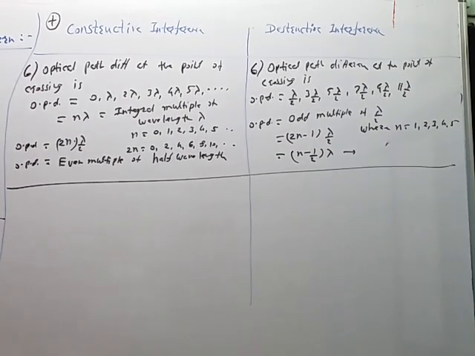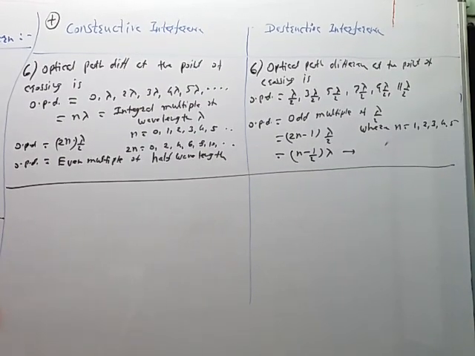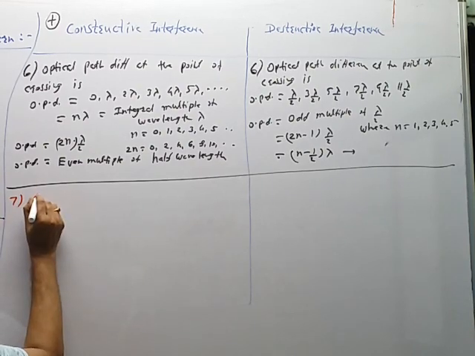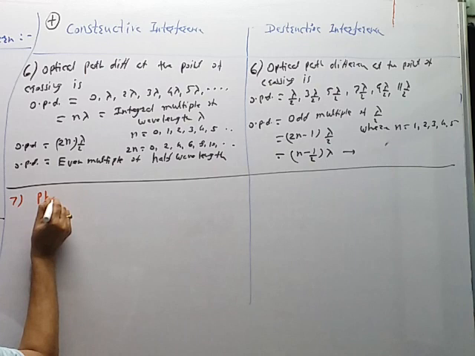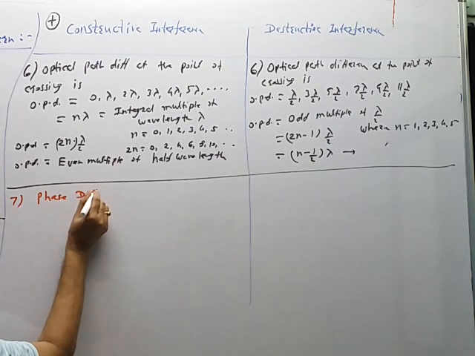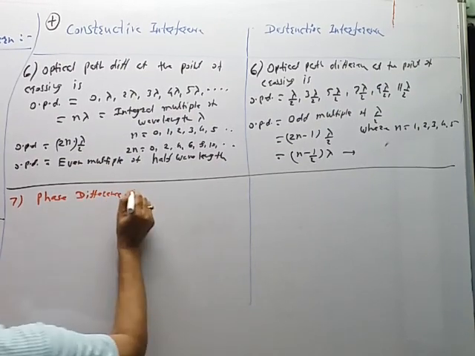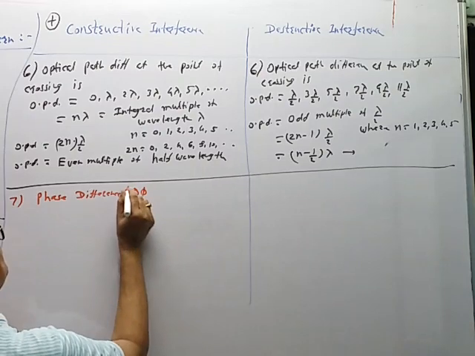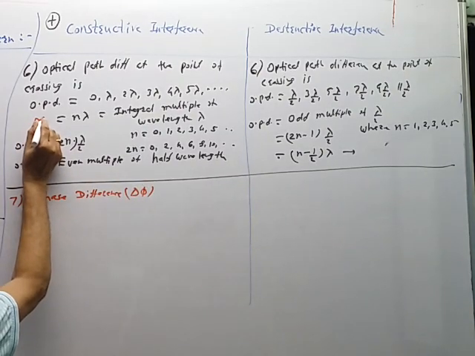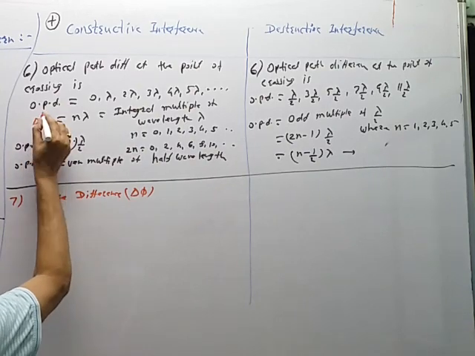Now next point we will consider the phase difference. Phase difference delta phi. This path difference is also denoted by delta lambda or delta x.